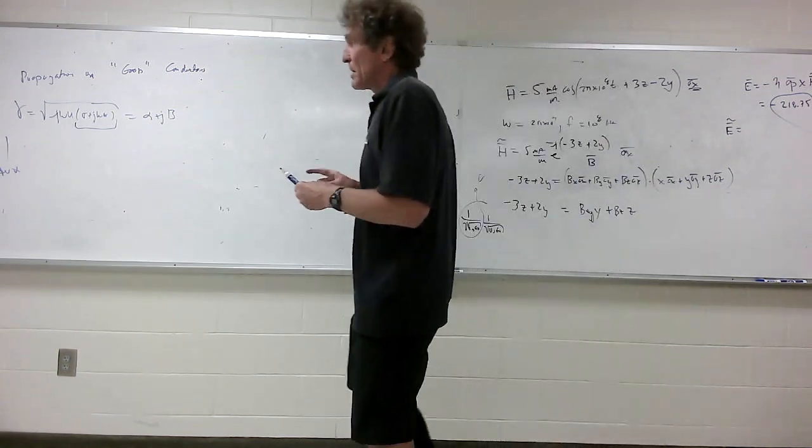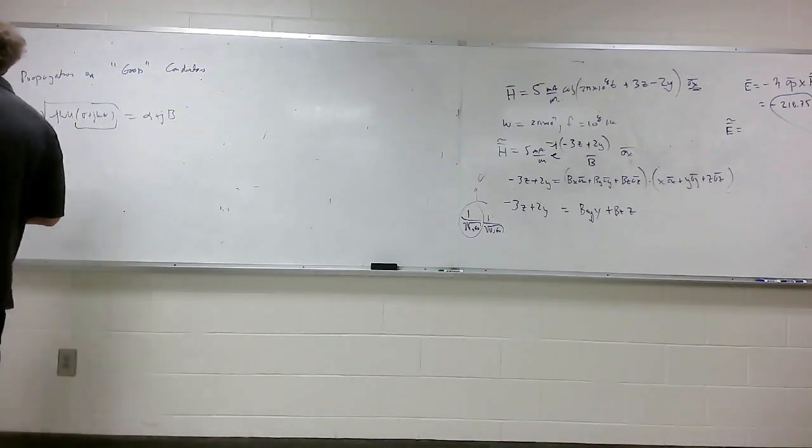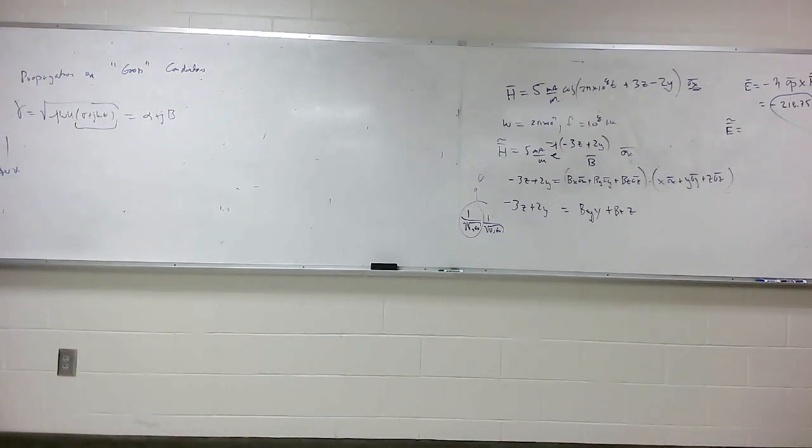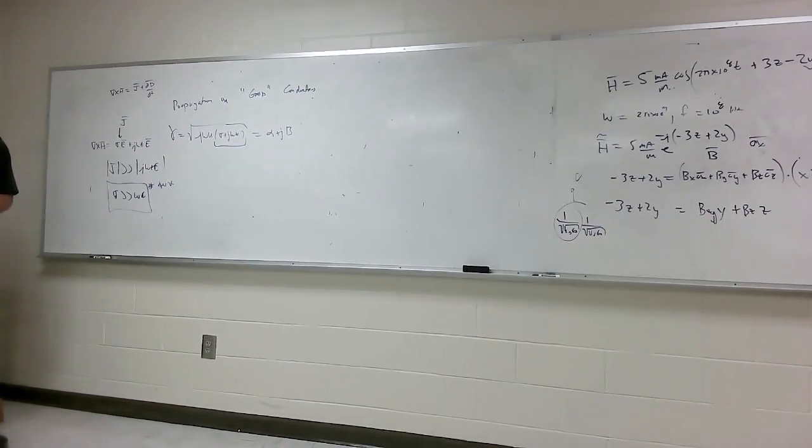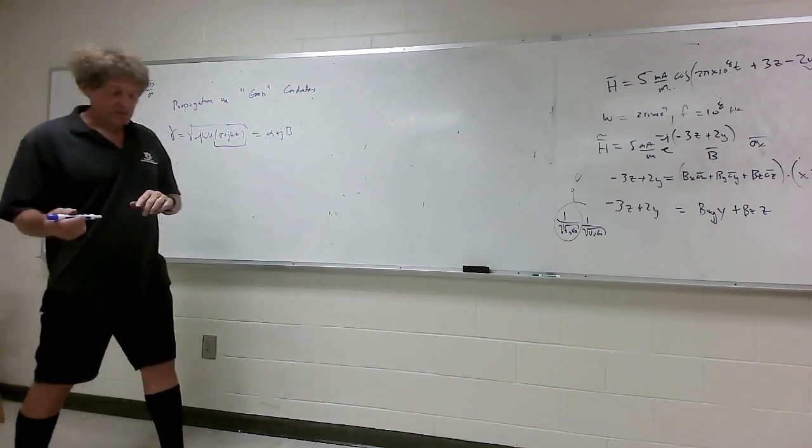So when we talk about a good conductor, we mean that sigma is greater than omega epsilon, usually by an order of magnitude. When you have a good conductor, some interesting things happen, and this is important.